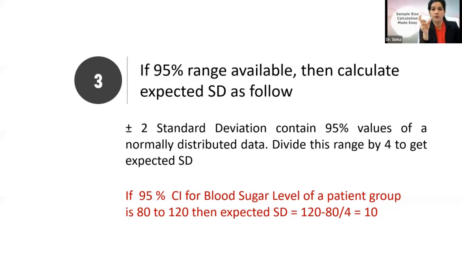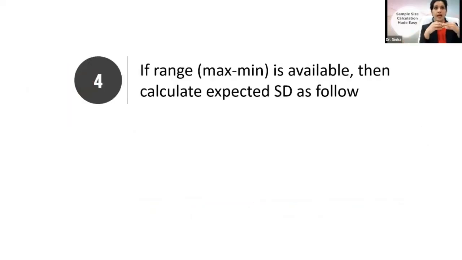So you deduct the lowest from the highest value, that is your range, and then you divide that by 4, because we know that plus minus 2 standard deviations contain 95% of values. If the maximum and minimum are available, then we know that plus minus 3 standard deviations, that is 6 standard deviations, contain 99.9% of the values.